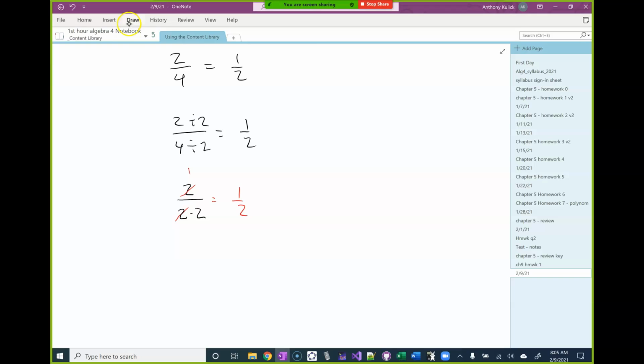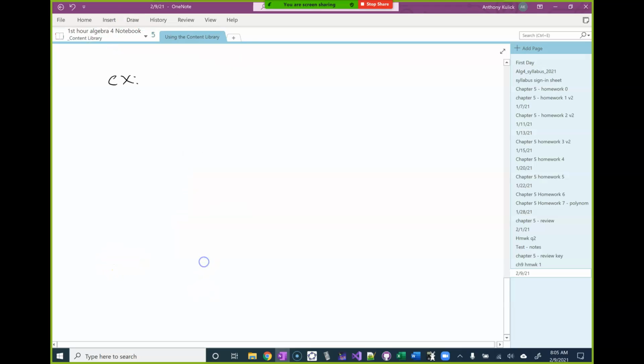So let's look at an example here with polynomials. Okay, so here's 2 polynomials, one divided by the other, and we're going to want to reduce these polynomials.